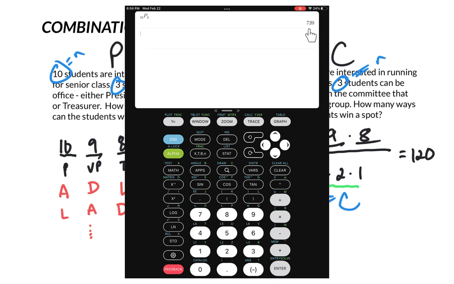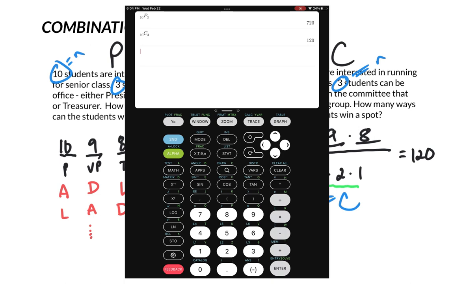And there's my 720. We go back to the math button, over to probability, and choose nCr for combination. Fill them in, 10 and 3. And there's our 120. This is actually also the way we often write our problems as shorthand to designate we knew it was a permutation or a combination.